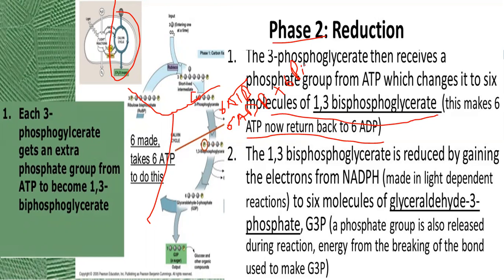So this energy is received by the breaking of the phosphate bond here. We know that it is 7.3 kilocalories per mole. That is utilized to change this 3-phosphoglycerate.